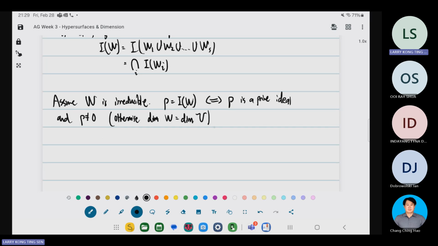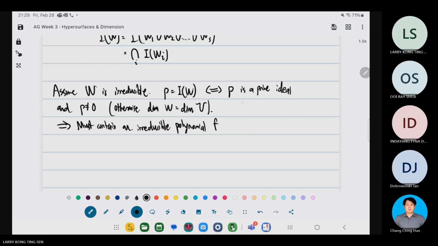So that means that it must contain an irreducible polynomial f. Then this is a UFD result, if I remember correctly: the ideal generated by f is a prime ideal as well.